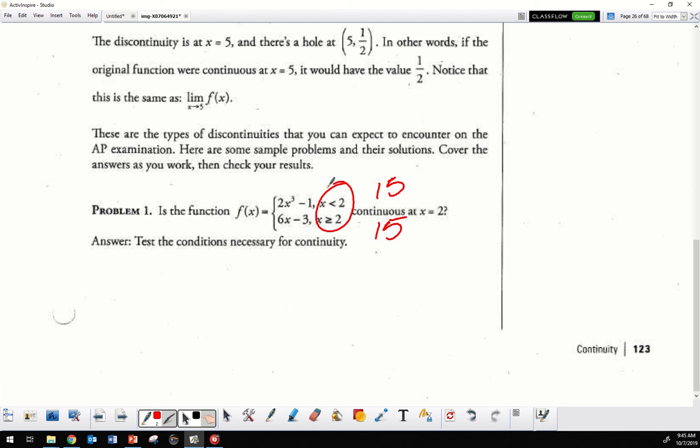It goes to 9, not 15. Oh, wait. Did I mess up my math? No, wait. The 12 minus 3 does not equal 15. Where do you get 12 from? 2 times 6 minus 3. Oh, okay. Now, this is x cubed. What is 2 to the third power? 2 times 2 is 4, times 2 is 8, right?